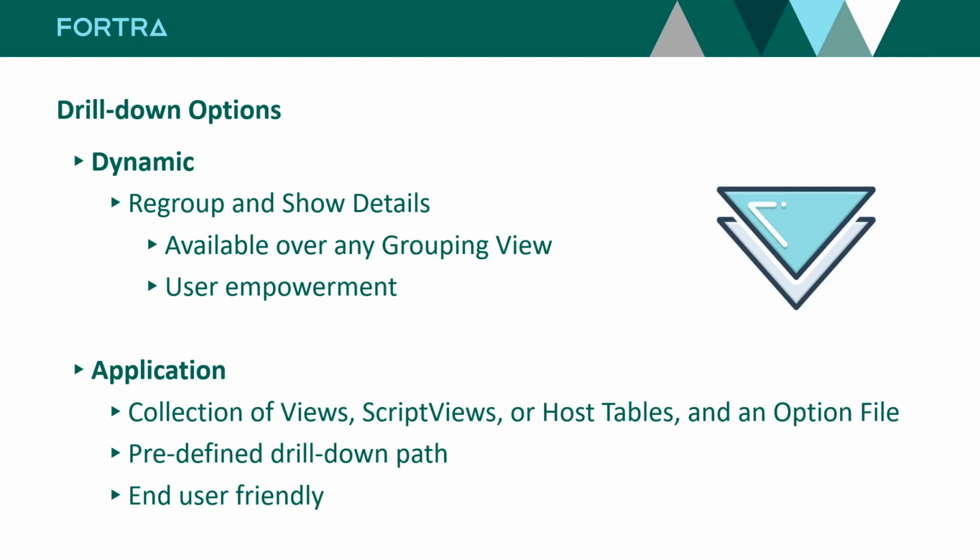Dynamic drill down is a way to empower your users to drill into data, to gather more information, and to make additional meaning out of the information they already have. Application drill down is a predefined path, a collection of views, script views, or host tables combined with an option file that make up this new object called an application. It's a little more setup for the designers, but it is very end user friendly.